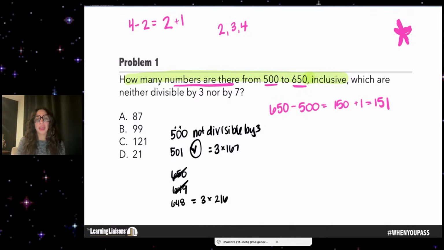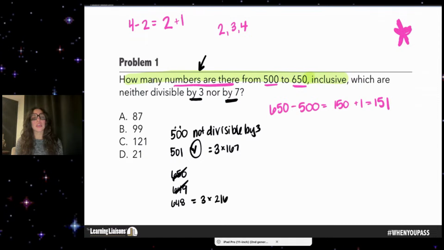So you're like, okay, that's great and all, but what does that even give me? Well, they want the number of numbers that are not divisible by 3 or by 7.